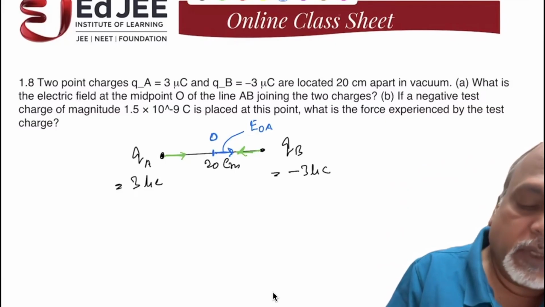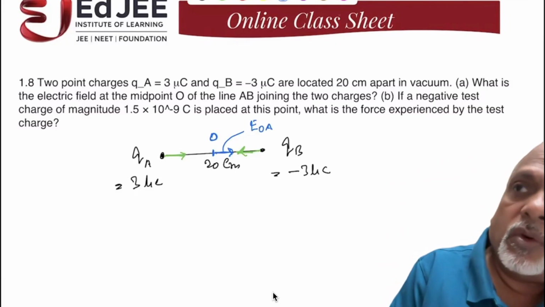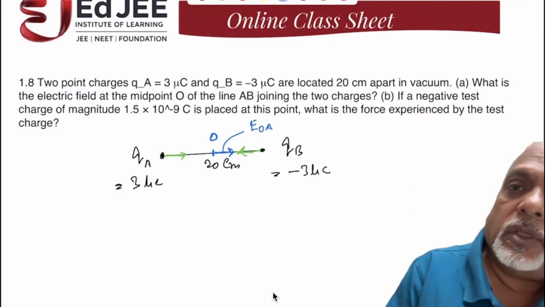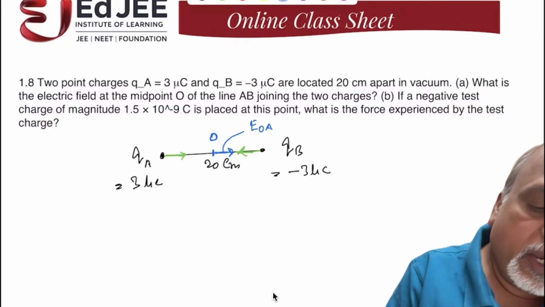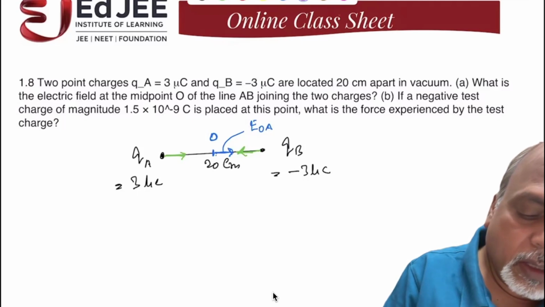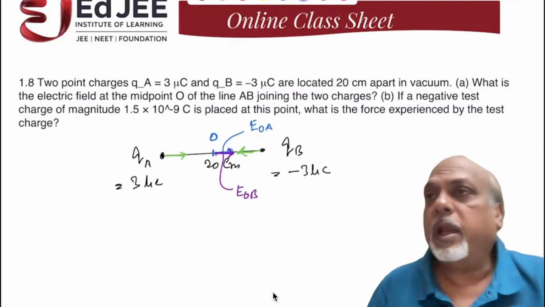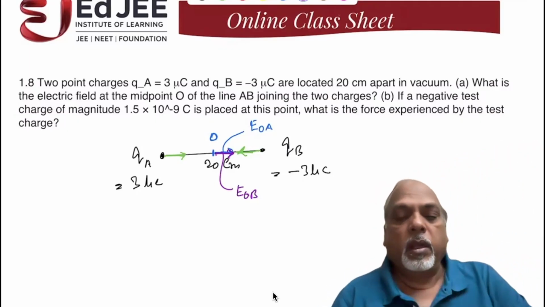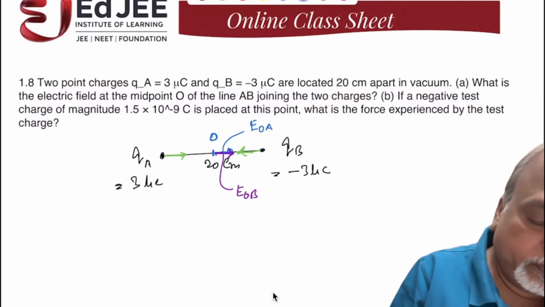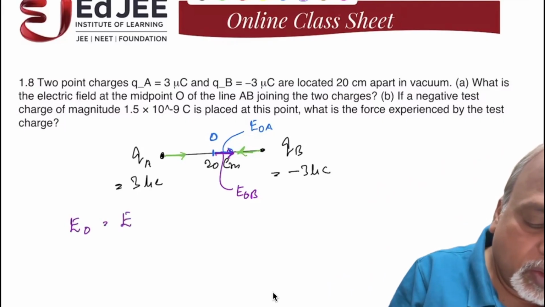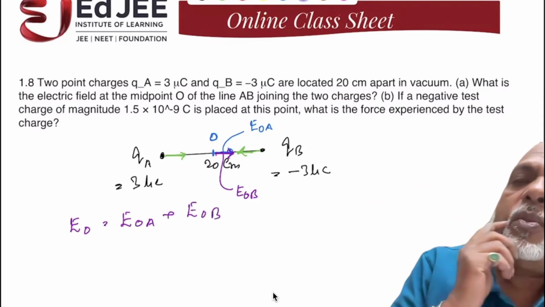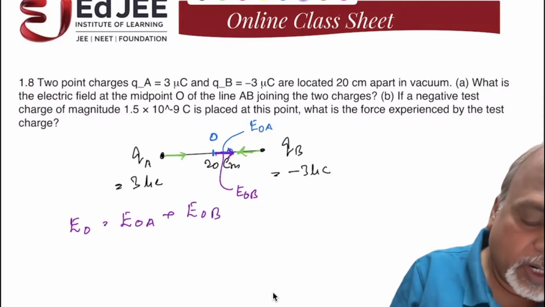Of course, this is a negative charge, so the electric field will be towards the charge. So here again there will be EOB, the electric field at O due to B. What is the value of this? Now EO will be nothing but EOA plus EOB, because both are in the same direction, correct?